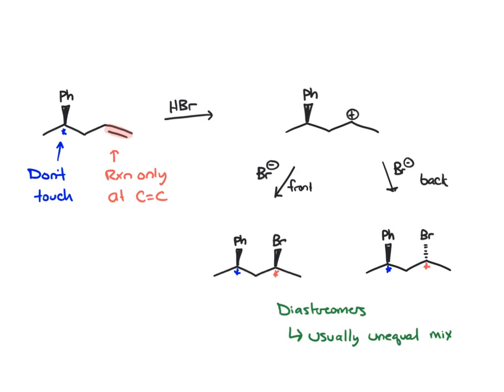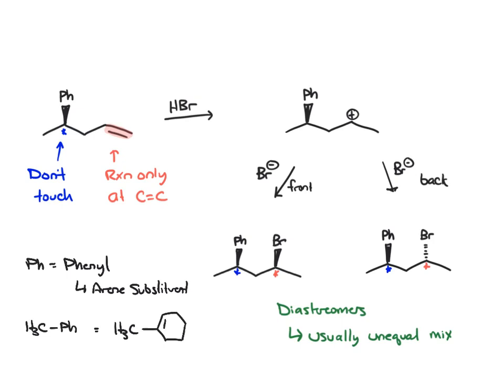One other thing I'll mention here, just in case you're not familiar with it, is this Ph abbreviation. That is a phenyl group. And what a phenyl group is, it's an arene substituent. Or maybe I should say an unsubstituted arene substituent. So if you have CH3 with a phenyl on it, what that actually means is it's this aryl group, or arene group.